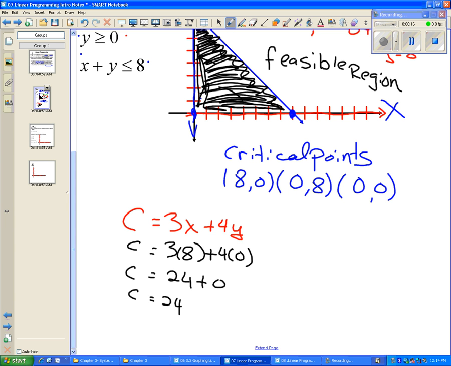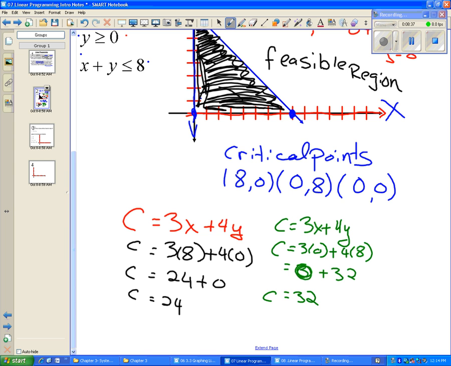Let's try another one. My next one is C is equal to 3x plus 4y. So C is equal to 3 times 0 plus 4 times 8, which is 0 plus 32. So C is equal to 32. That's my second critical point. And lastly, I'm going to plug in C is equal to 3x plus 4y.